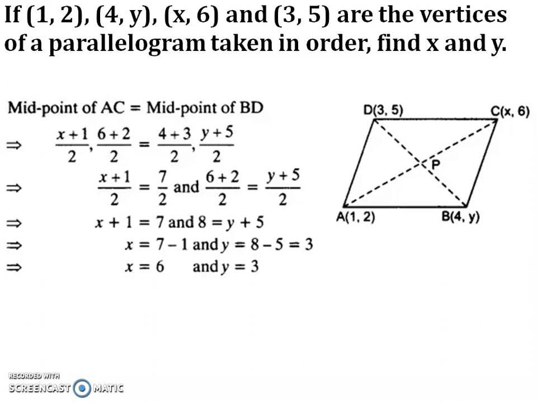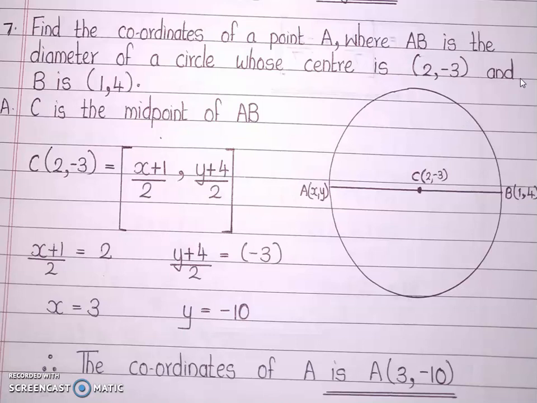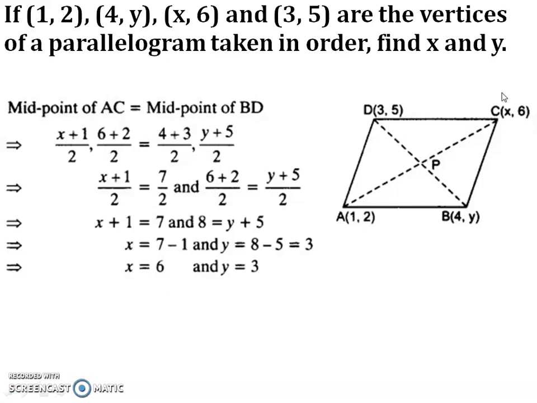That is, x coordinate is equal to x1 plus x2 by 2 and y coordinate is y1 plus y2 by 2. Okay. So, here we'll take AC as the first line and BD as the second line. So, we'll substitute the values.